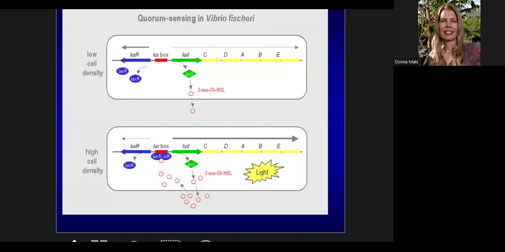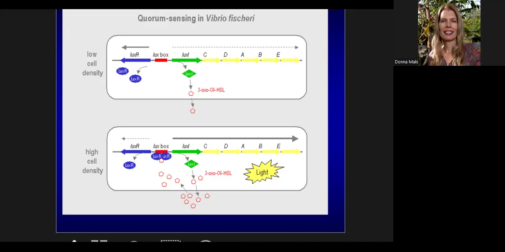Here's another visual of this idea, again with the chromosome and the stretch of genes involved. This one's a little bit nicer in that they're using a red lactone ring to show that this is a homoserine lactone getting excreted at low cell densities.